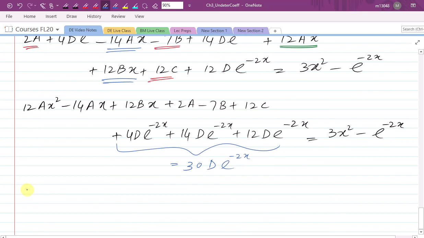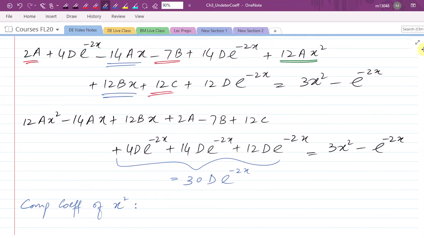All right, now we compare coefficients of x square. Okay, if you pay little attention, you can do the comparing coefficient step directly from here. Directly from here you can easily see where the x square is, where x is, so you just have to write the coefficients. So no need to waste your time on just collecting the terms.